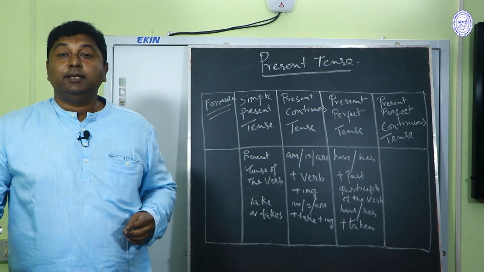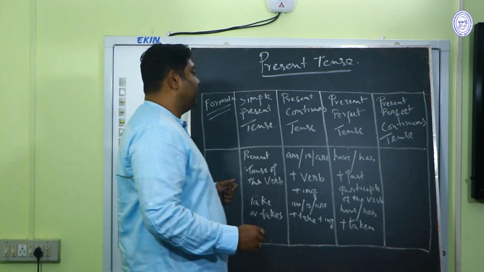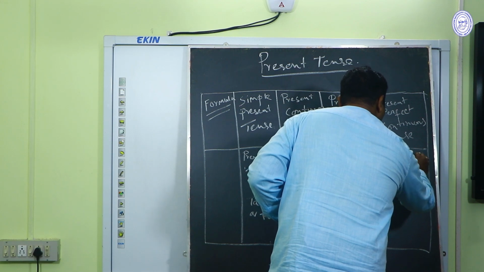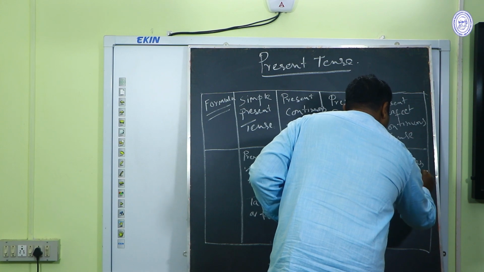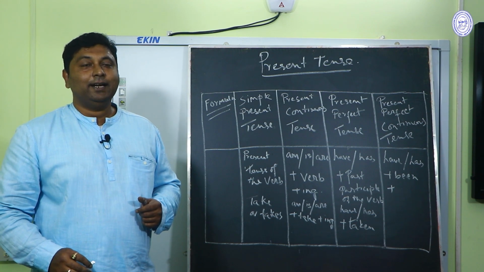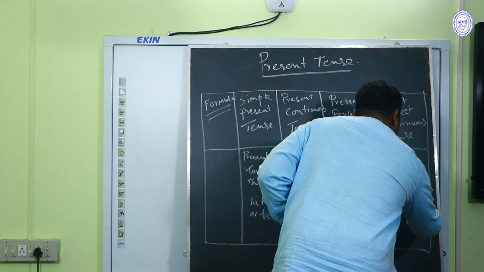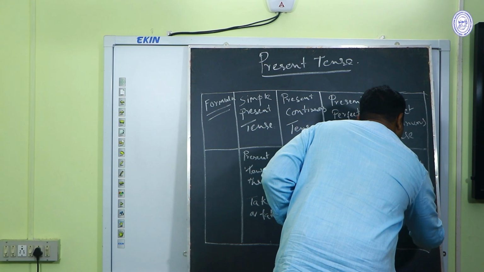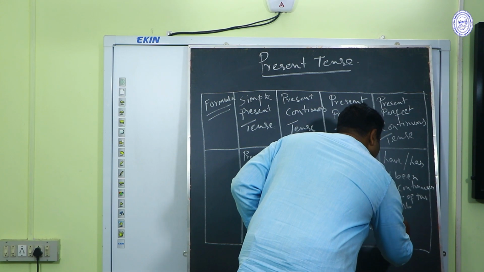Next is the present perfect continuous tense. It will be have or has plus been plus the continuous form of the verb, that is taking.